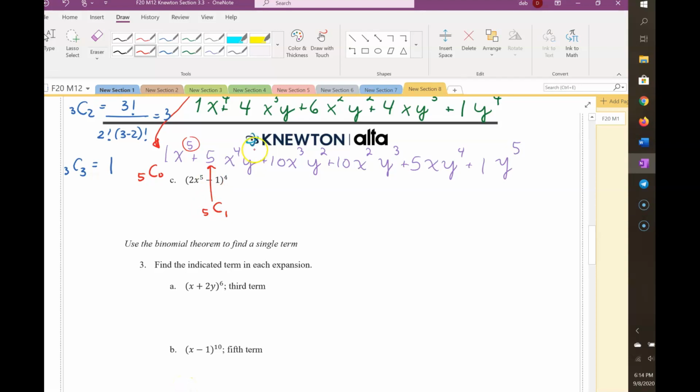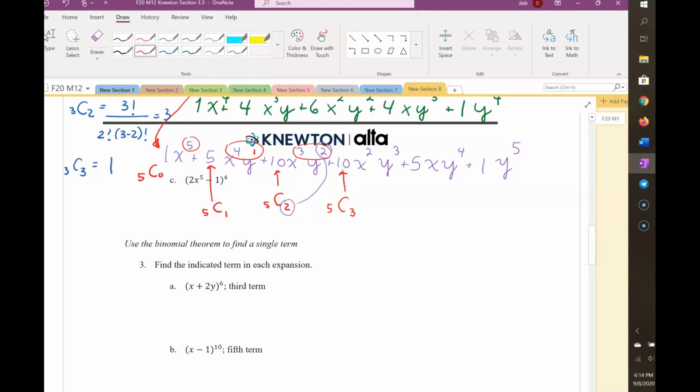And notice also that the exponents on the x and the y always add up to 5. Then this next coefficient is 5 choose 2. And again, the exponents always add up to 5. And also notice that this 2 matches the exponent on the second guy. So there's a lot of patterns going on here, so just be really aware and notice patterns.